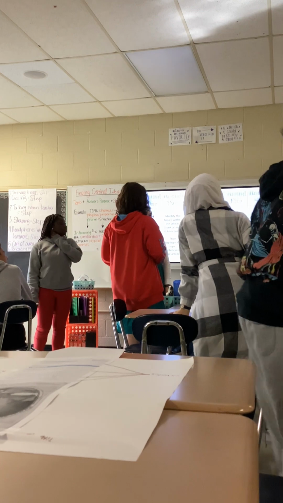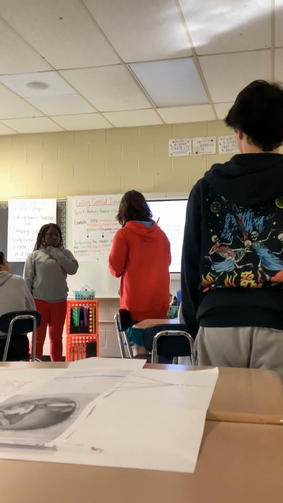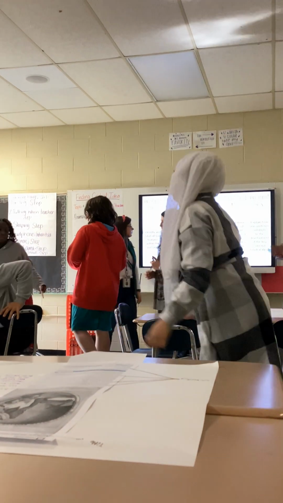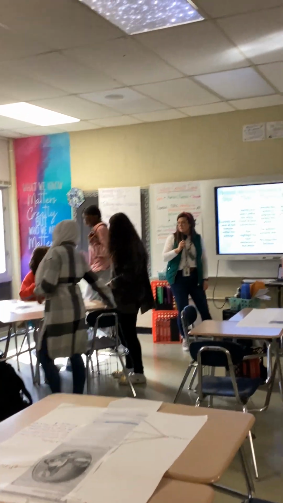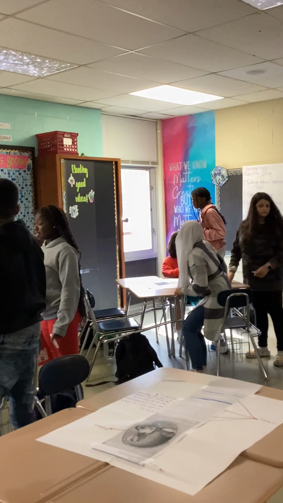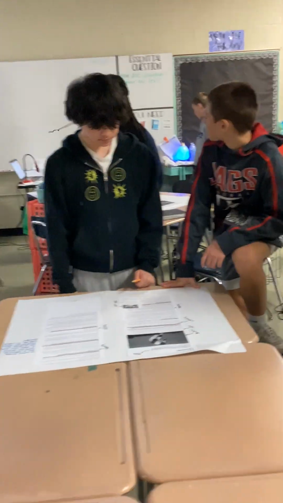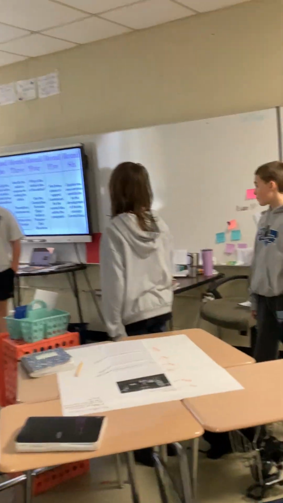So group 1 to 2, 2 to 3, 3 to 6, 6 to 5, 5 to 4, 4 to 1. 10 seconds. 10, 9, 8, 6, 4, 2, and you should be at your new spot. Alright, folks, so here we're going to keep on using central ideas. Eyes on me. Eli, make sure you're with your table.